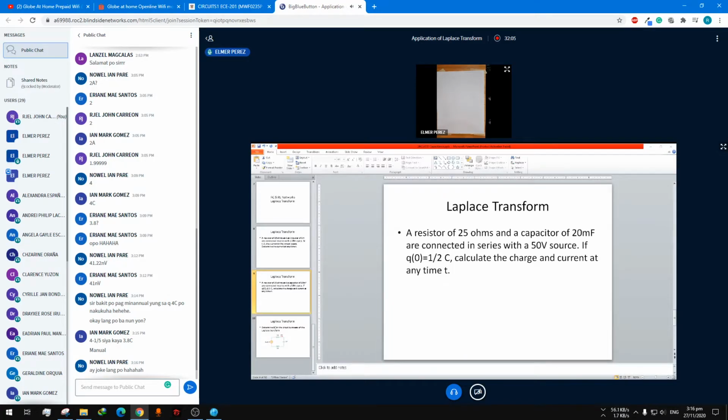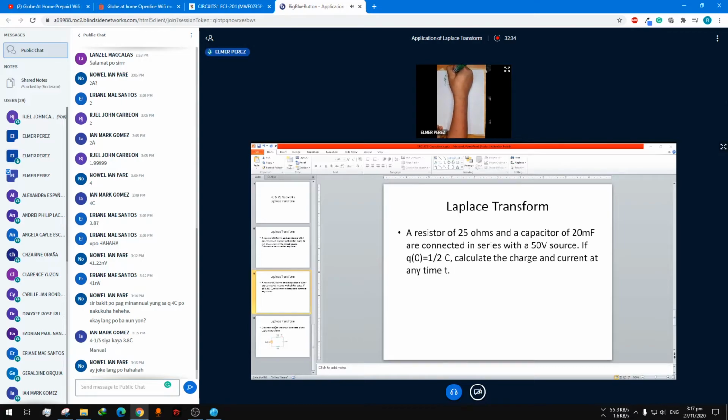Okay, a resistor of 25 ohms and a capacitor of 20 millifarad are connected in series with a 50-volt source. If the charge is 1/2 coulomb when T is 0, so we have that condition. Okay, drawing ko muna. So we have the source, we have the resistor, and then the capacitor.